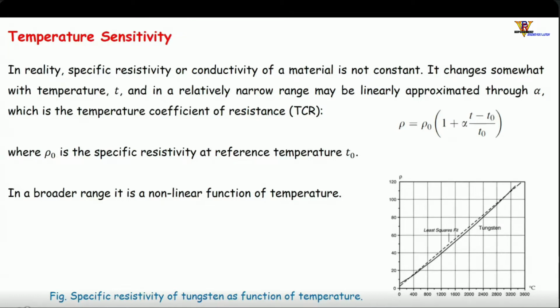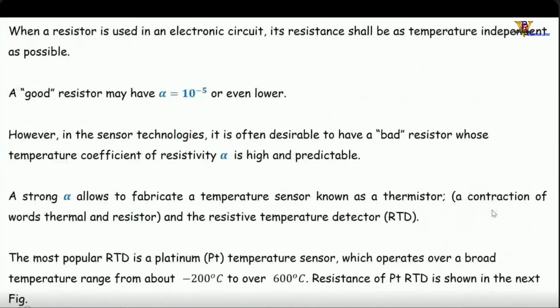As we can see from this figure for tungsten, rho versus temperature is plotted. When temperature is increased, its resistivity increases, roughly linearly but not actually linear. So it is changing with temperature.